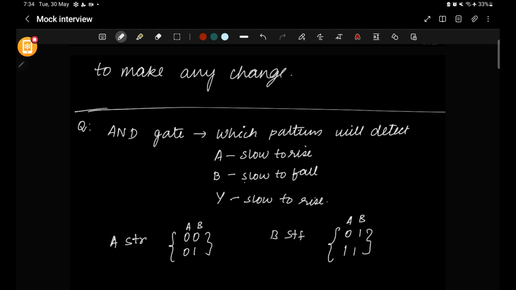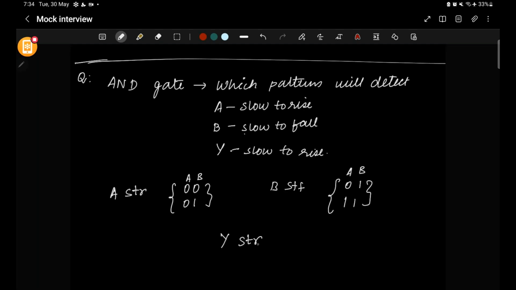Okay, then Y slow to rise. Ma'am, 0,0, 0,1 and 1,0.